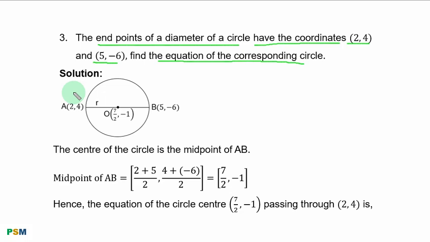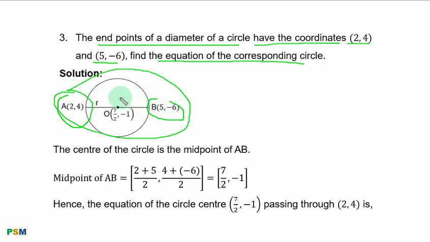The given information, you have them in the diagram. The end points of the diameter, and this is the midpoint. The center of the circle is the midpoint of AB, the end points of the diameter.